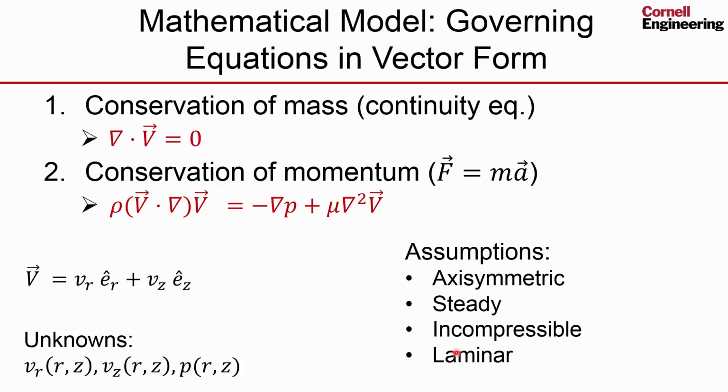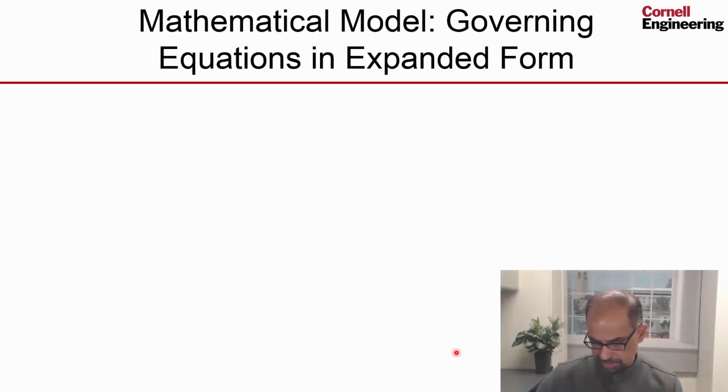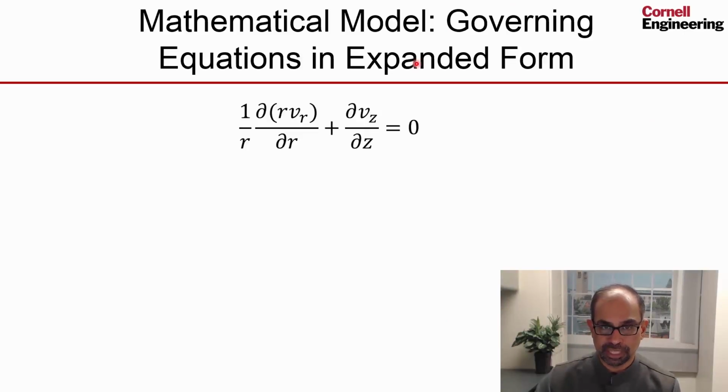We can also look at what these equations are when you expand them out in the expanded scalar form. And so here I've written that out. That's continuity. That's what the conservation of mass for an infinitesimal fluid element looks like.